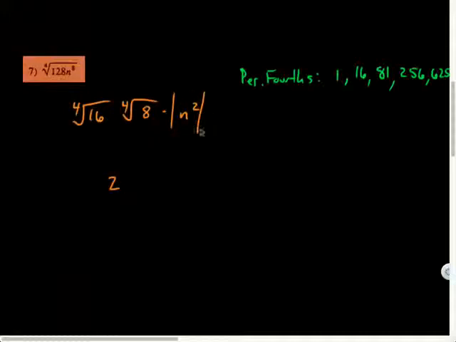Absolute value of n squared. Does the rule apply where I can remove the absolute value? Yes, because n squared is already positive. Absolute value, you're just telling me something I already knew. You're a little bit redundant here. So that's 2 n squared times the 4th root of 8.